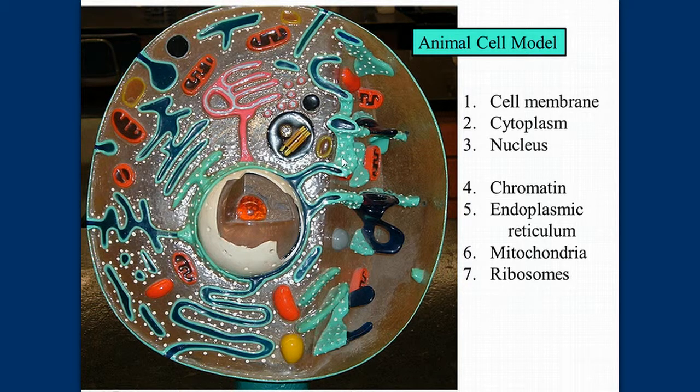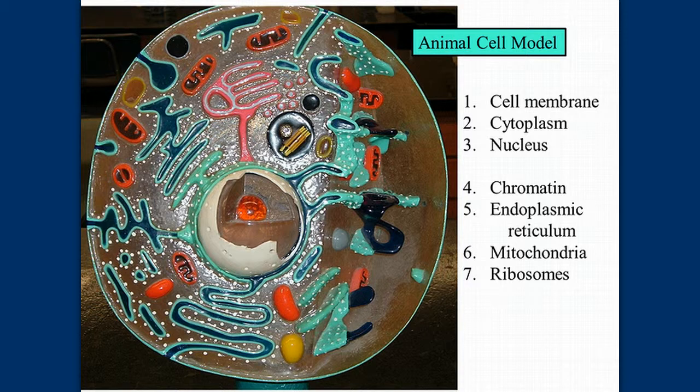So we said these interconnected canals here, the endoplasmic reticulum, are a way to transport things from one area of the cell to another. But now, the rough endoplasmic reticulum also plays a role in protein synthesis because of the ribosomes attached. The area of the endoplasmic reticulum that does not have ribosomes attached is not responsible for protein synthesis.